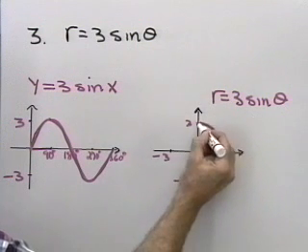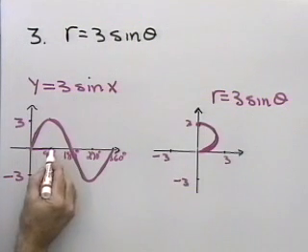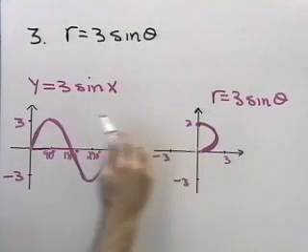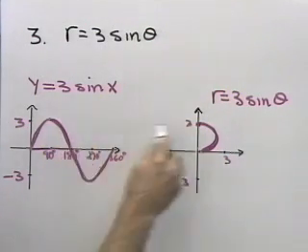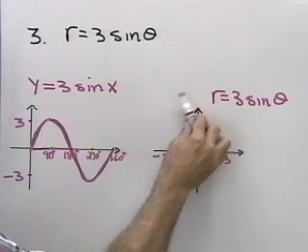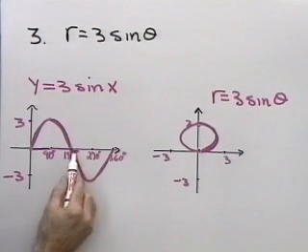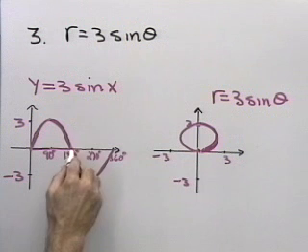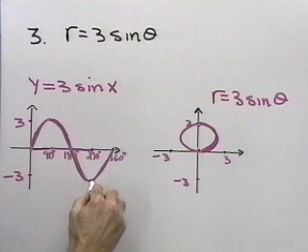There's 3. Then as theta goes from 90 to 180, that is, theta swings down here from 90 to 180, r goes from 3 back down to 0. Now from 180 to 270 with theta, that's right in here, r goes from 0 to negative 3.